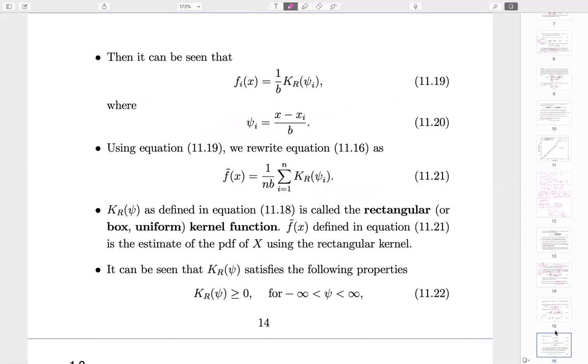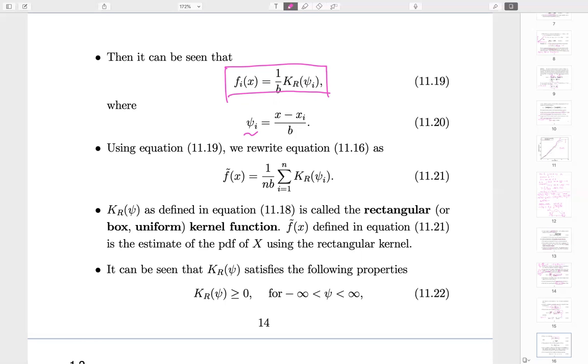Now using this kernel, K, we can easily define the contribution function, or contribution PDF, phi i. Just note, phi i is nothing but K of (x minus xi) divided by b.